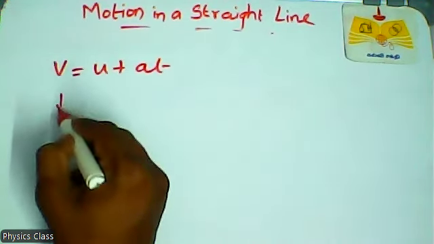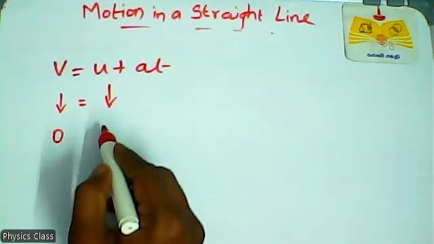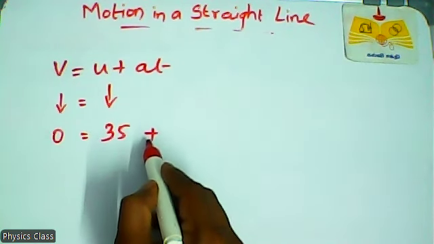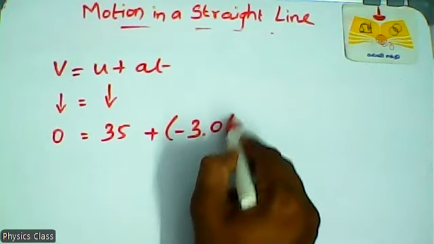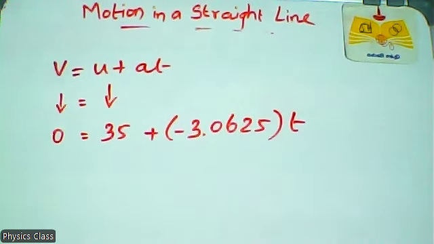So v is 0, u is 35, a is minus 3.0625, into t.